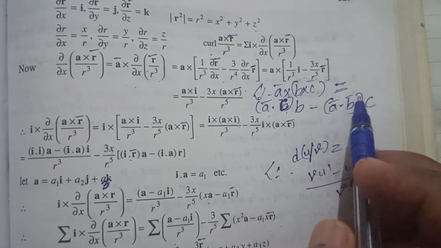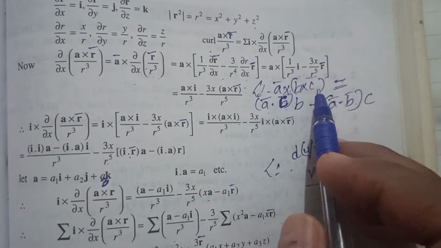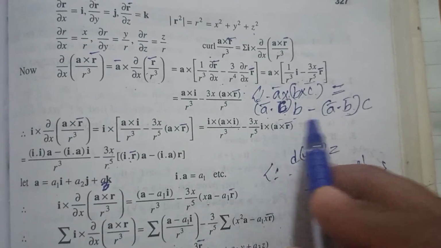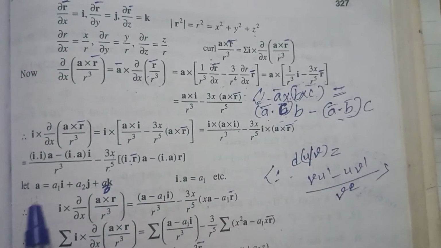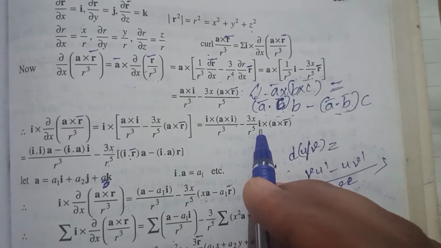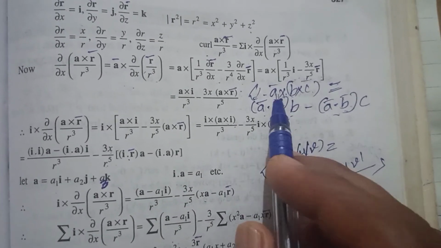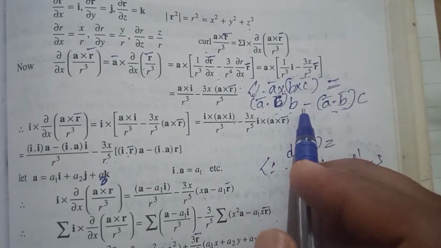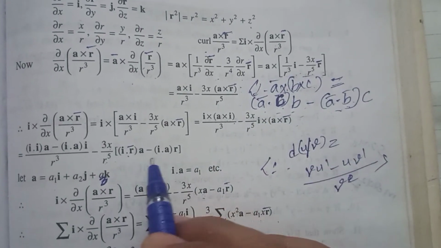So by applying this, it is in this form here, so we are going to write in this form. Same for this one also, first in this form, we are going to write in this form. So we will get these things.